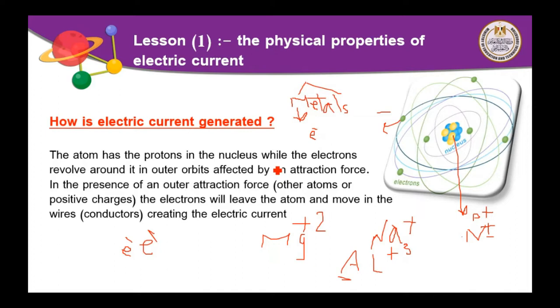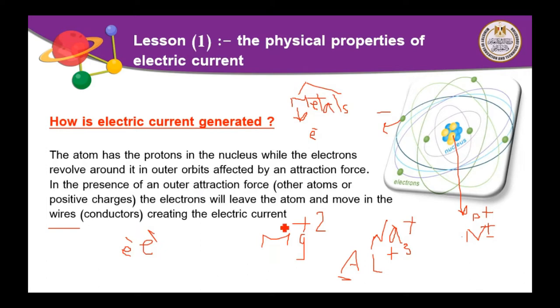So there is an attraction force between them. In the presence of an outer attraction force, from other atoms or positive charges, the electrons will leave the atom and move in wires. The electrons will start to be loaded by the metal and move through the conductors, creating electric current.